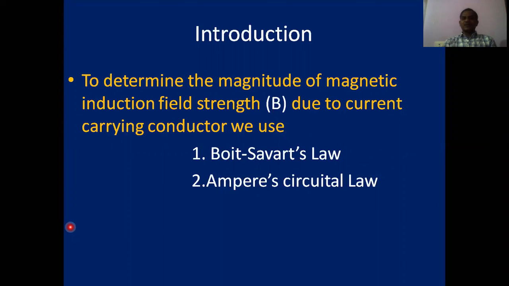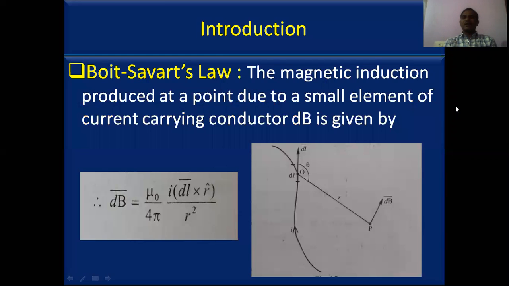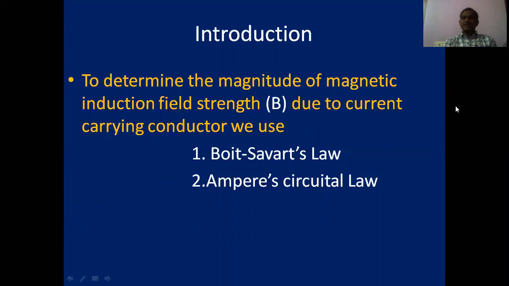So coming to the introduction, as we discussed in the previous class, according to Oersted experiment, the magnetic field will be established around the current carrying conductor, right? This was first discovered by Oersted experimentally. To determine the magnetic lines of force direction, we use different laws: Ampere's swimming rule, Ampere's right hand thumb rule, and Maxwell's cork screw rule.